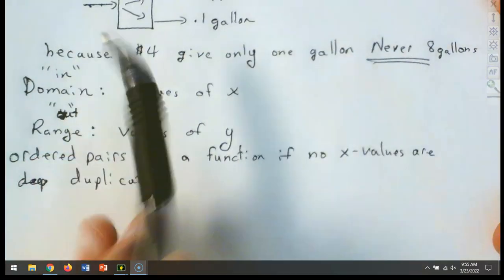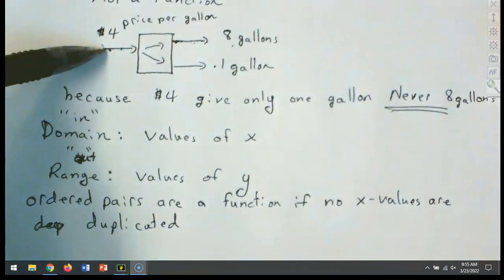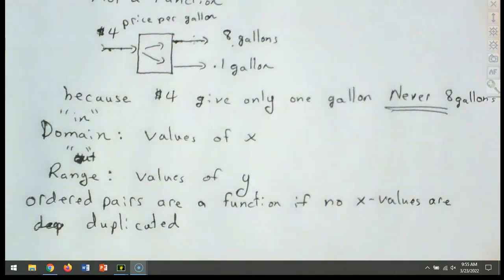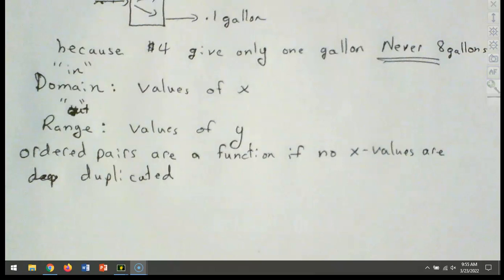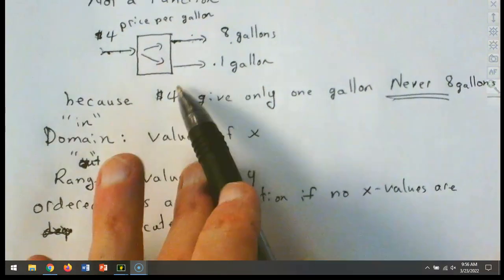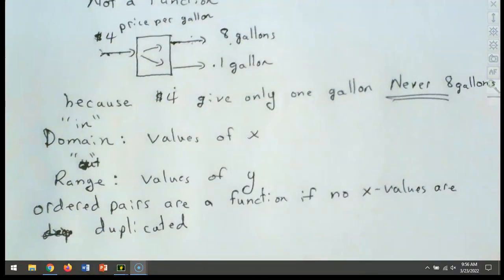Because if the X values are duplicated, it would look like this here, because you have one X value going to 2 different Y values. So ordered pairs are going to be a function as long as none of the X values are duplicated. If the X values are duplicated, that means you end up with a situation like this, where you charge a fixed price, but you get out different values. And we cannot have that.